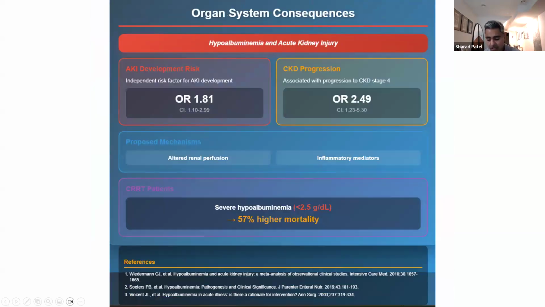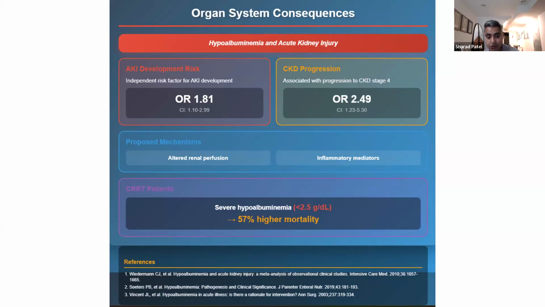What about organ system consequences? These include the kidney and the lungs. Let's talk about the kidney for a second. Hypoalbuminemia is an independent risk factor for AKI development, with an odds ratio of around 1.81. Chronically, there's higher CKD progression as well, with an odds ratio of 2.49 when you have hypoalbuminemia.